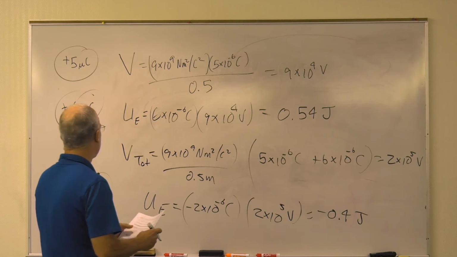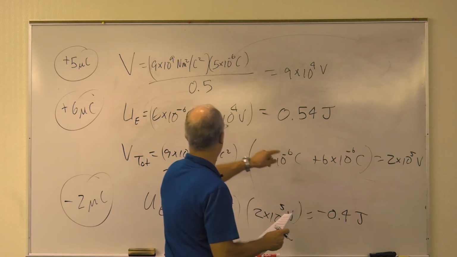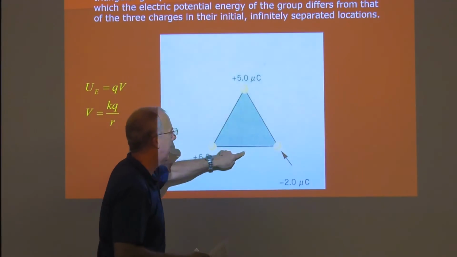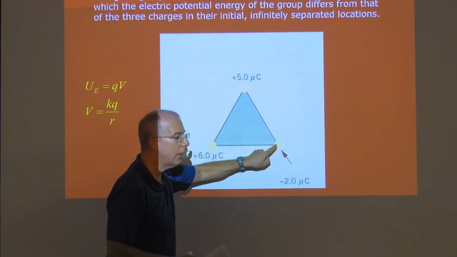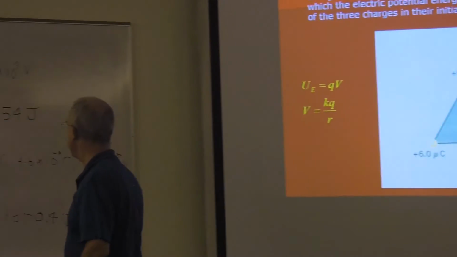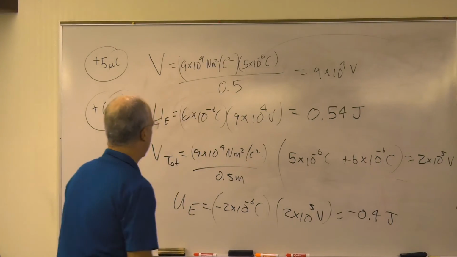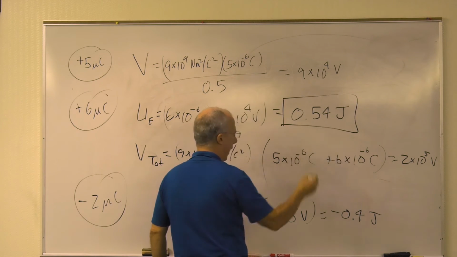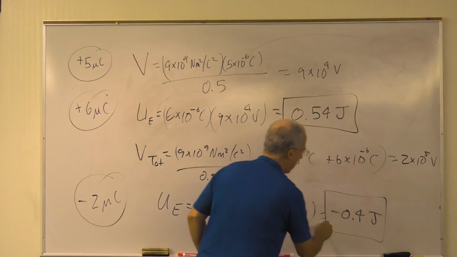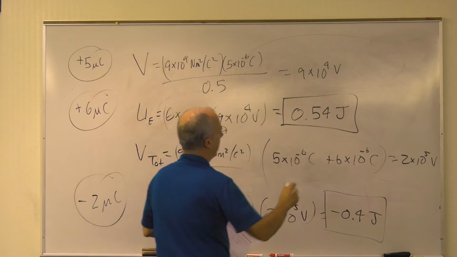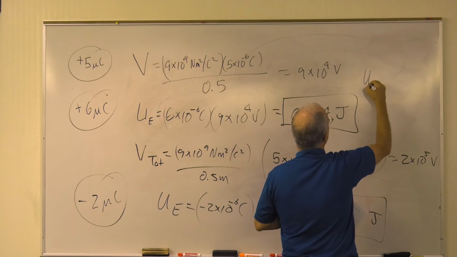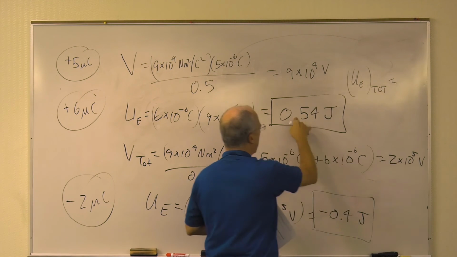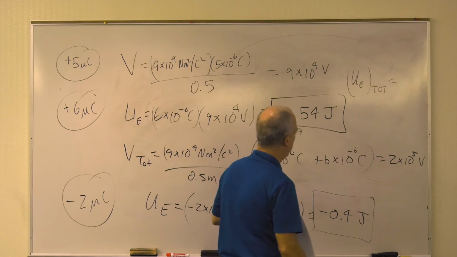All right, so when we had just these two, the potential energy increased, but this decreased. So how do we get the total potential energy? We're going to have to take this and add it to this. So UE total, again, this plus this, so it's 0.14.